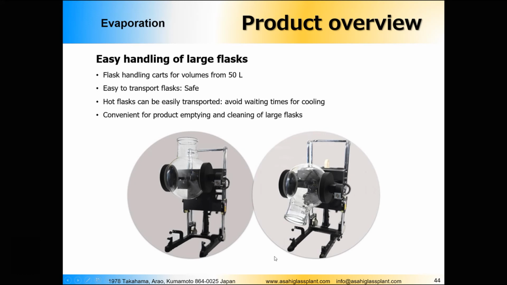It is pretty simple. It's on wheels and it has arms that are controlled with a knob on the side. The arms can open or close to fix the flask, and they can also rotate like here in order to discharge the product from the flask, or for washing purposes and so on.